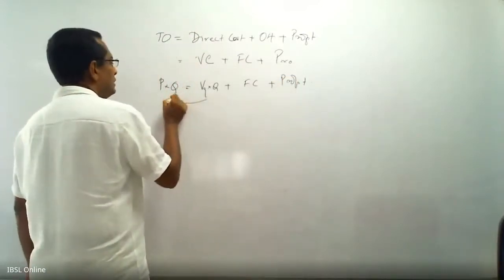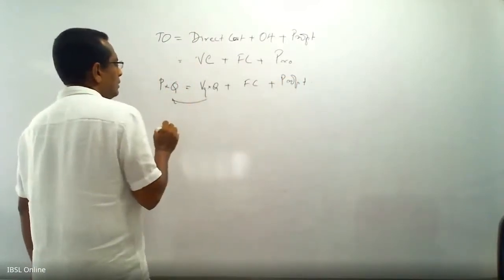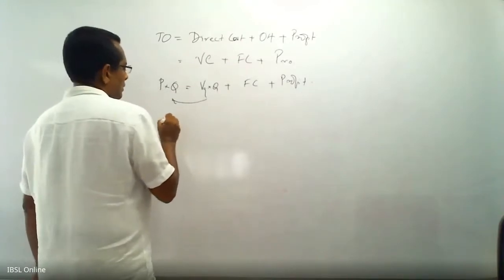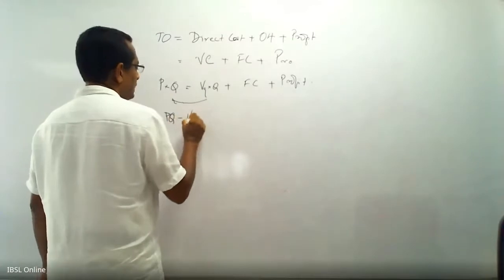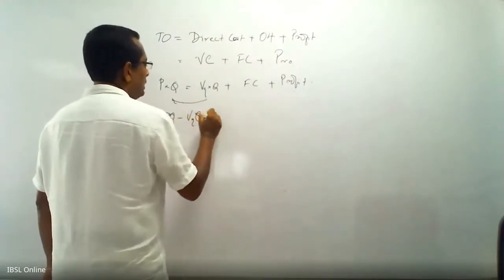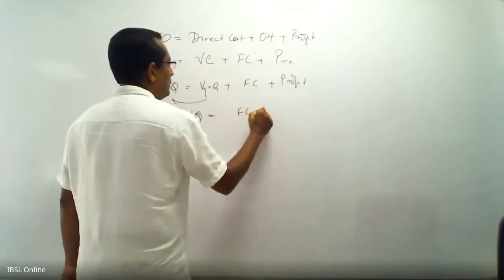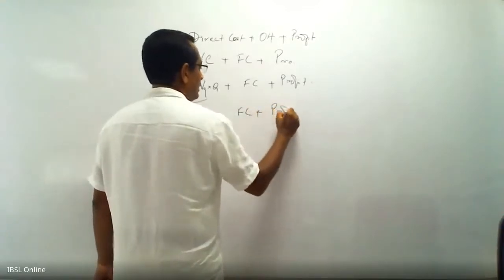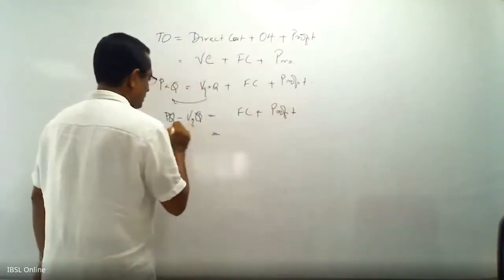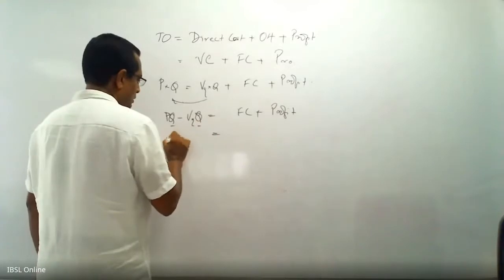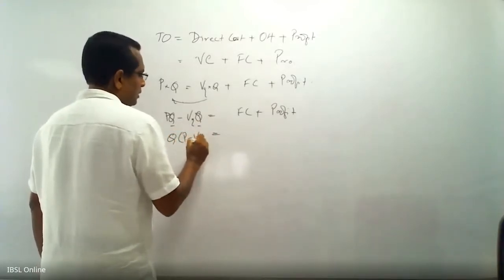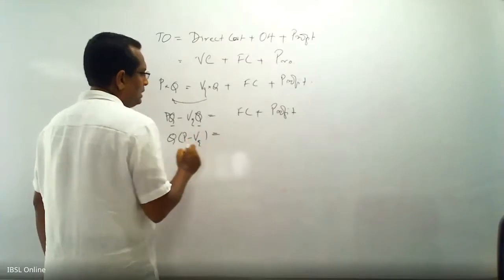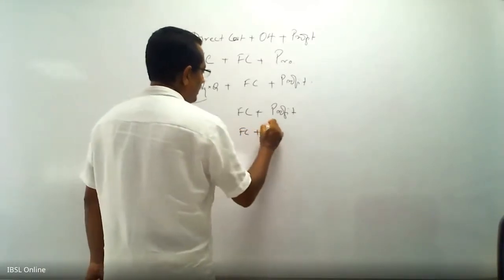We bring this to this side. Price Q minus VQ into quantity equals fixed cost plus profit. Take this Q out.